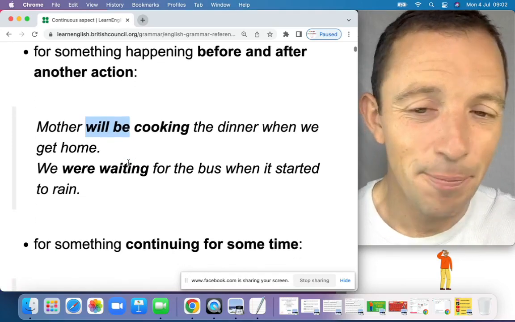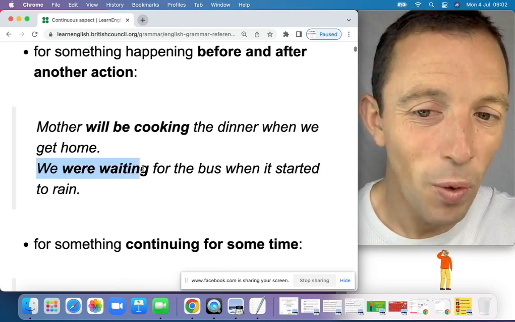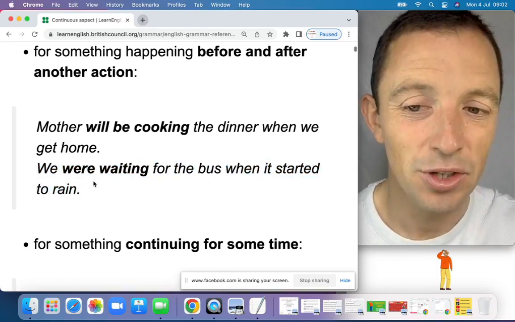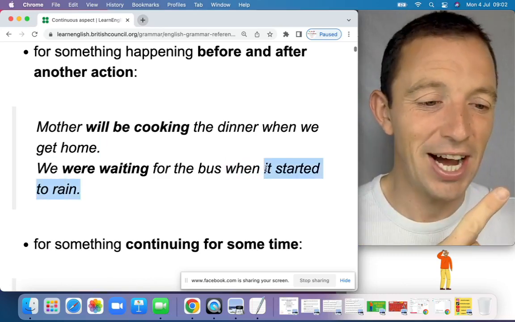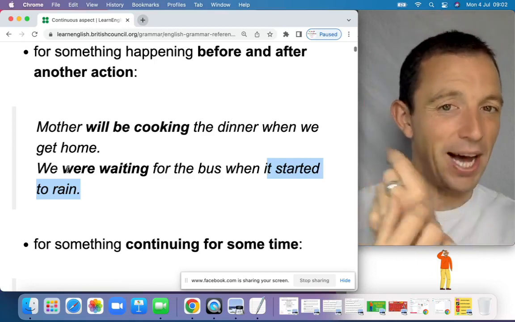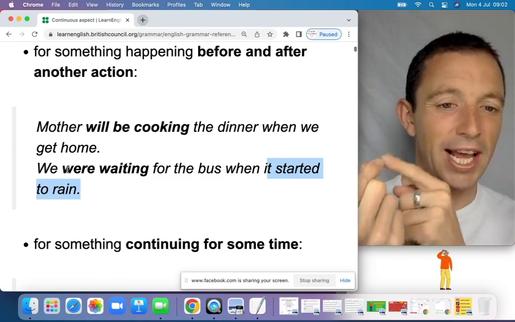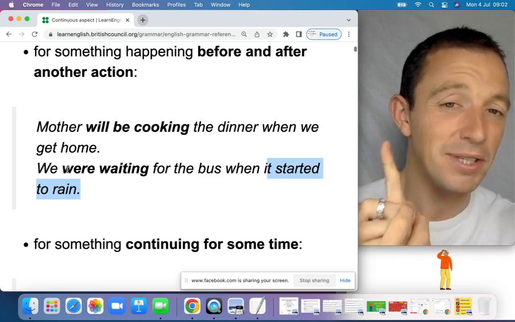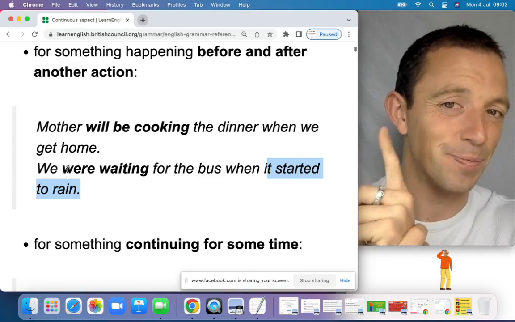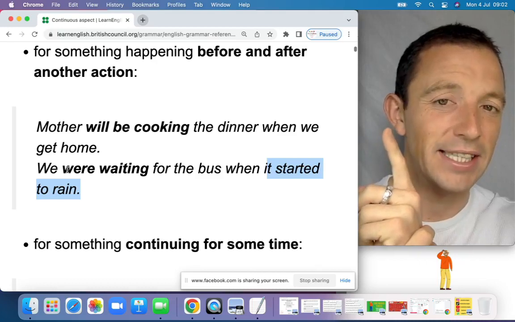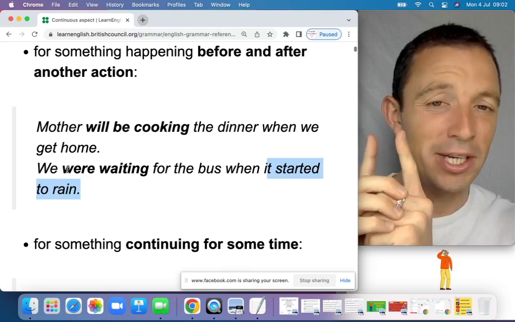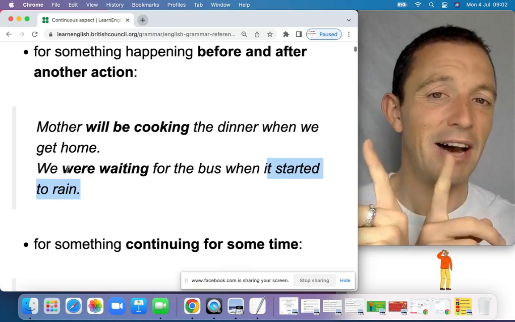The second example, we were waiting for the bus when it started to rain. So two actions. The second action is starting to rain, and that's the past action. It started to rain here. This time, specific time, yes, but more specifically, a typical specific action. It started to rain, and the continuous aspect is for the activity happening before this moment, before this action, and after this action.